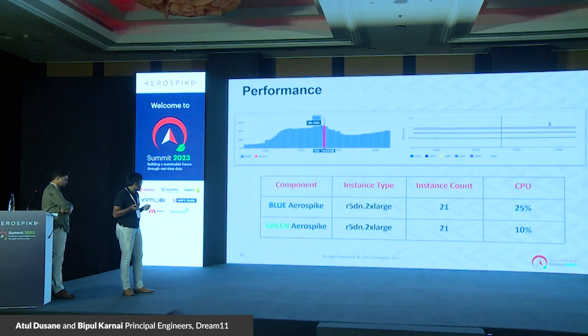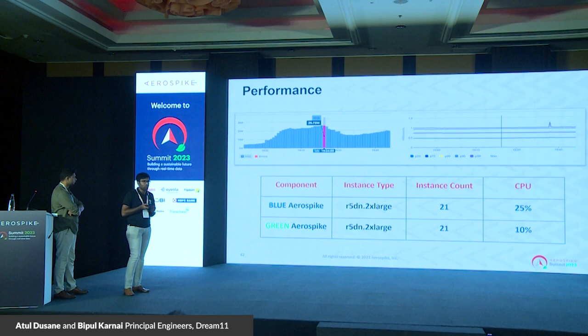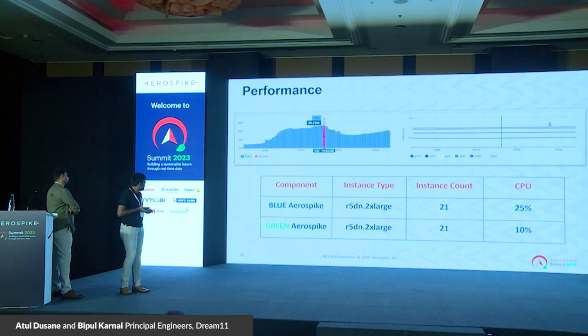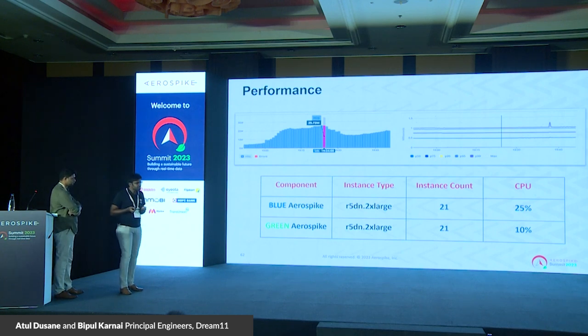And in the passive mode of Aerospike as well, we kept the same number of nodes, although we can downsize the passive cluster to a lesser infra, because that is used for the failure mode rather than for any active use case. And the CPU for the active Aerospike went up to a maximum of 25%, and for the passive Aerospike it went up to 10% because of the replications.